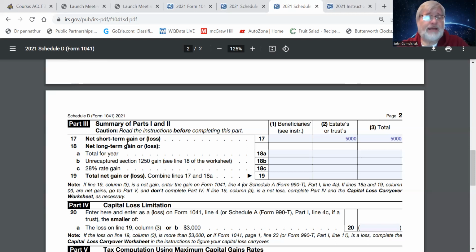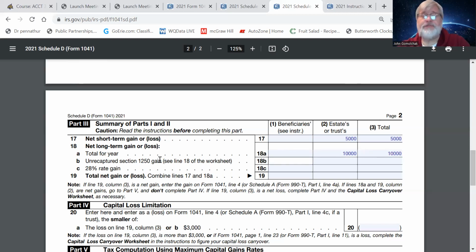Okay. Net long-term gain or loss total for the year, line 18. So we're going to have our long-term gain or loss. Once again, we're probably going to end up in column 2 and column 3.